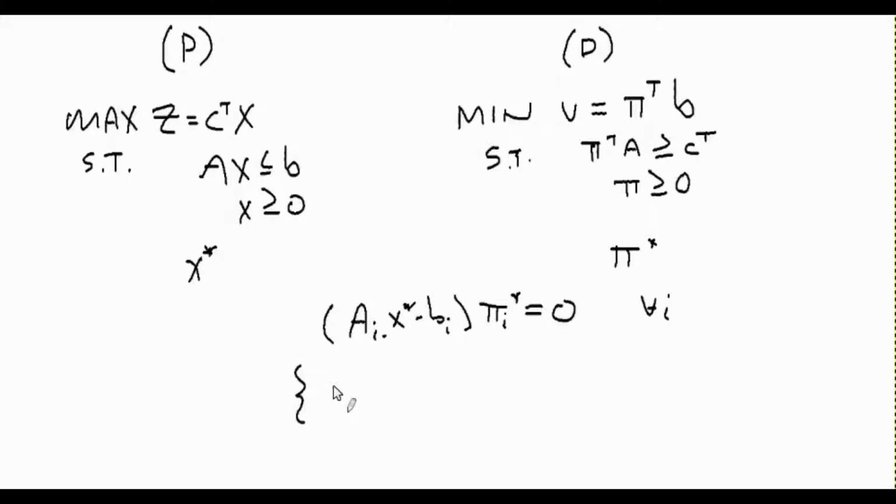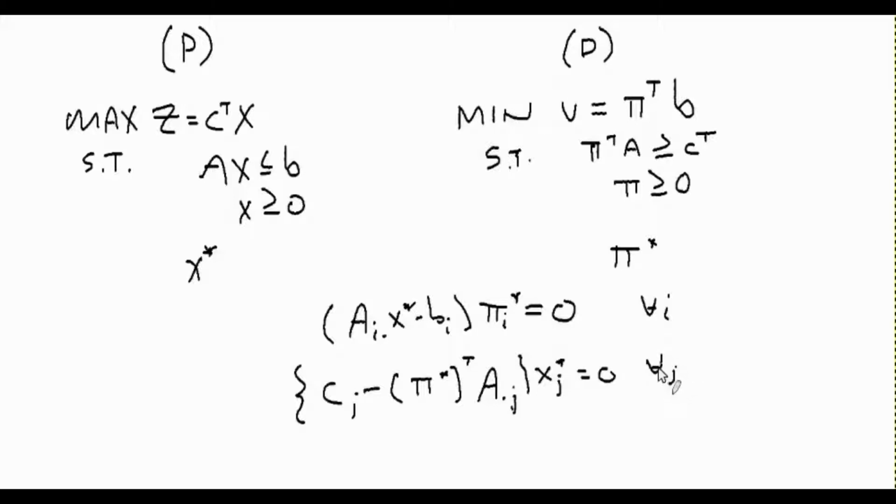And then there's a set: (c_j minus (pi star) transpose, where I just put parentheses around pi star so it's clear that it's this whole vector that we are taking the transpose of, times a dot j) times x star j equals 0 for all j.